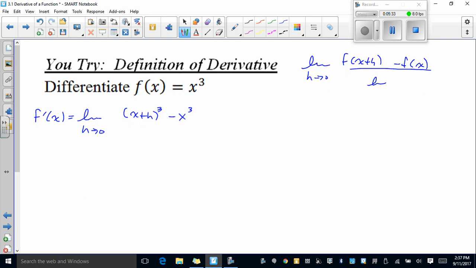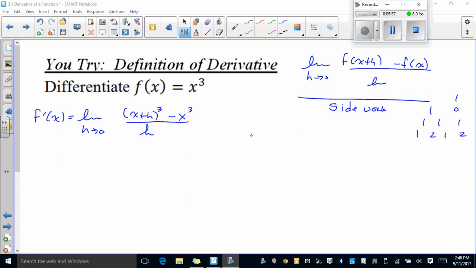Now this is one that we've done before: Pascal's triangle. This is power of 0. Two ones is power of 1. 1, 2, 1 is a power of 2. That's the problem we just did the last time, and if you notice, the coefficients on the front were 1 and 1, and the one in the middle was 2.